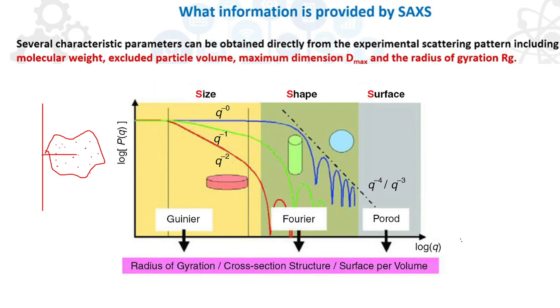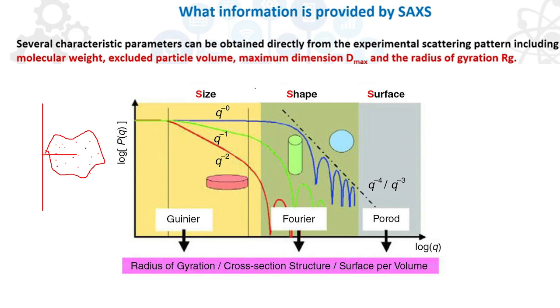For size, it is Q to the power -1, -2, and for surface, that is the Porod region or Porod zone, it is in the order of Q to the power -3 and -4. Now, from SAXS, since it is a very small angle, and we have discussed that it can cover from 1 nanometer to 100 nanometer, we will get different data like size, shape, and surface of the same sample.